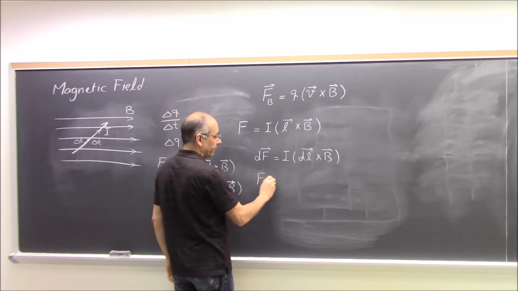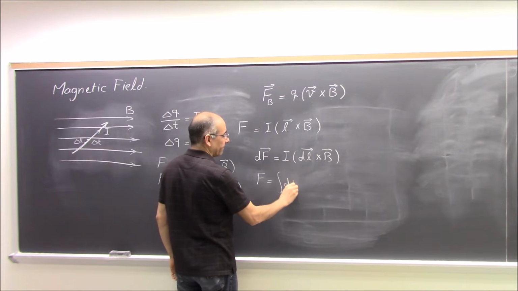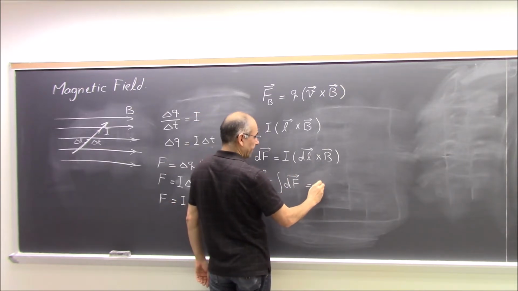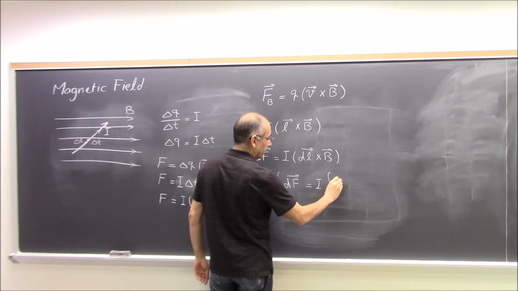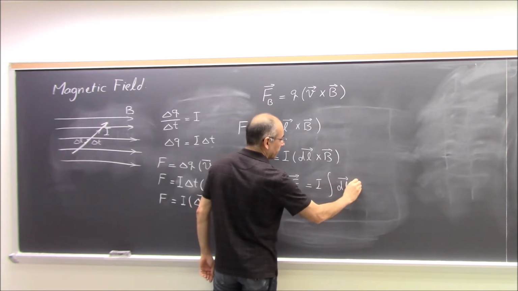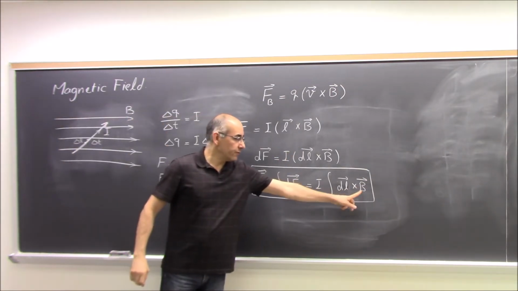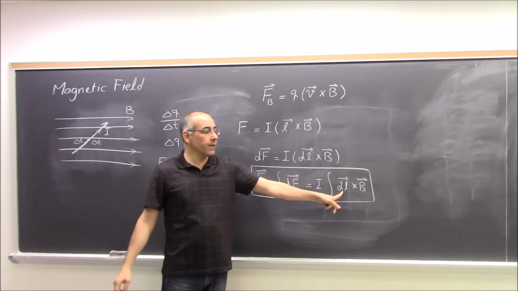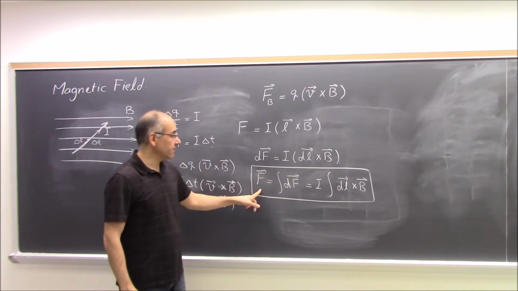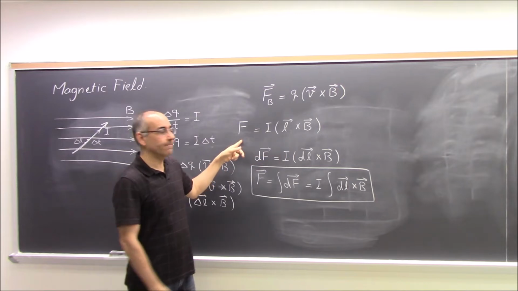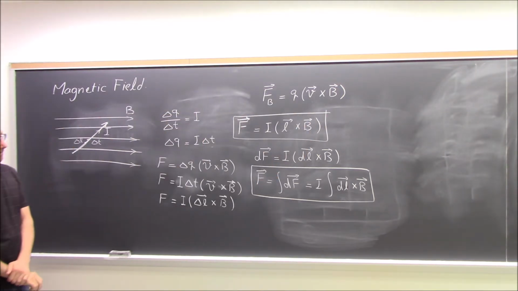The total F will be the integral of dF as vectors, so it will be I integral dL cross B. If the B field is not uniform or the wire is not straight, you can use this. But for a straight wire and uniform field, you can use this one. Okay? So this is the force on a current carrying wire.